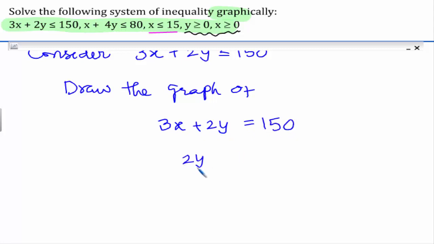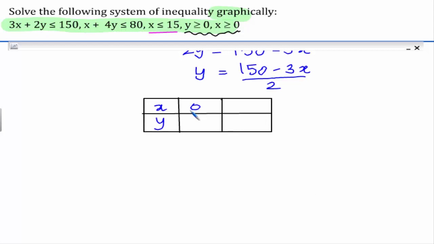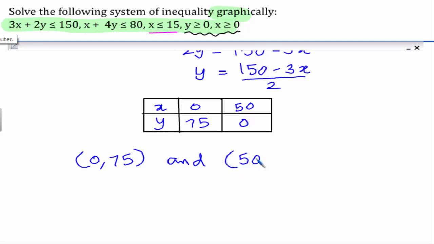So we get 2y is equal to 150 minus 3x, so y will be (150 minus 3x) by 2. Now let us find the ordered pairs for this. Let us select x as 0, then we get 150 by 2, which is 75. And if I select x as 50, then y will be 0. So the ordered pairs will be (0, 75) and (50, 0). Now let us plot them.